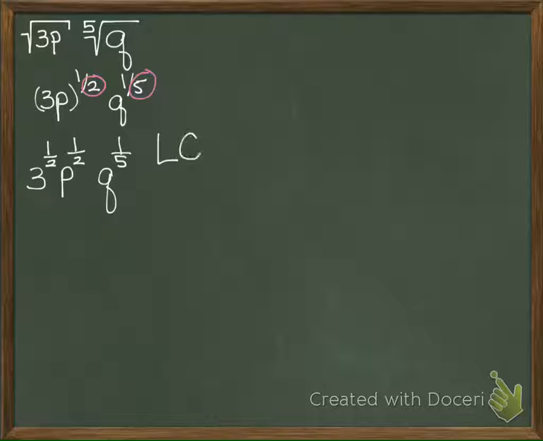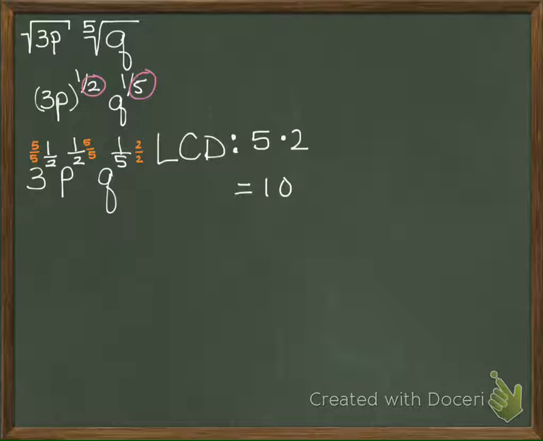So the LCD would be 5 times 2, since both of those are prime numbers and can't be reduced, so 10. That means that these fractions are missing a 5 over 5, and a 5 over 5, and this fraction is missing a 2, or 2 over 2.